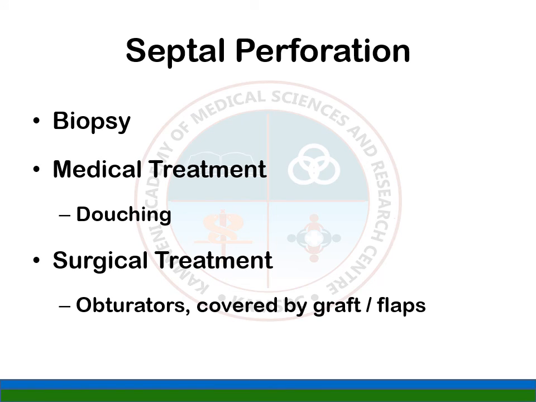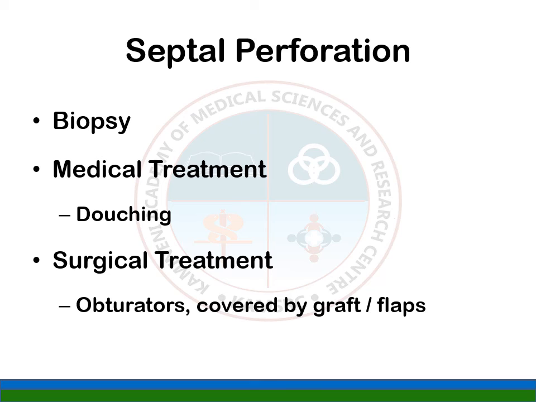Then, what do we do? First and foremost, especially in cases of suspected tuberculosis, Wegener's granulomatosis or malignancy, tissue biopsy is mandatory. That is why we need to make sure we are not dealing with any malignancy. Always take a biopsy. Apart from this, what else do we need?